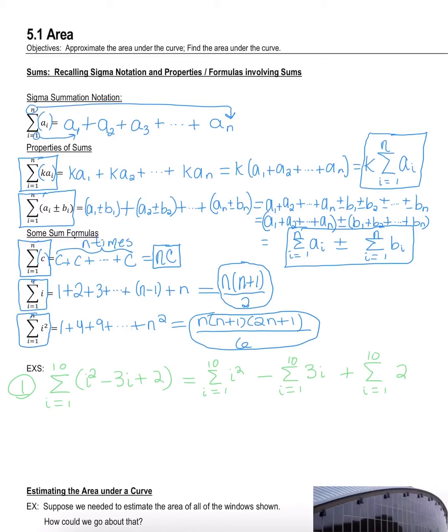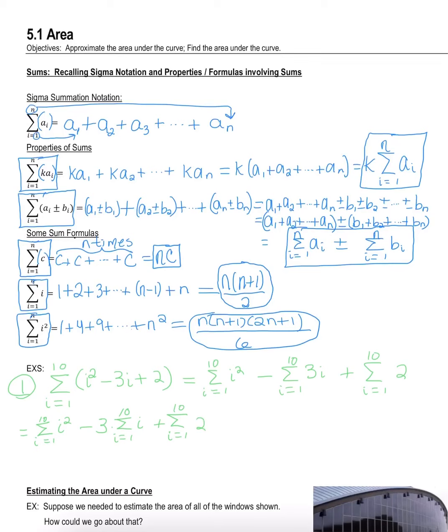And then from, again, one of our properties of sums, we know that we can take a constant multiple out in front of that sum. So in the second term, we can think about that constant, the k in this case, being a 3. So we'll pull that out in front of our sum.